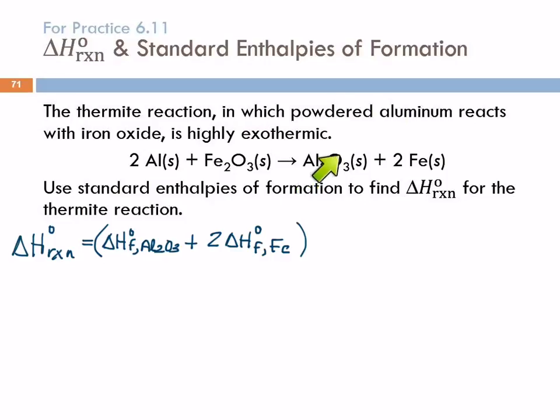So we're looking at the 2 products. Those are the things that are being formed, and so their heats of formation are going to retain the original sign. And then we're going to subtract the heats of formation of the reactants. So we've got 2 times the heat of formation for aluminum. And then we've got the heat of formation for Fe2O3. Okay with that?